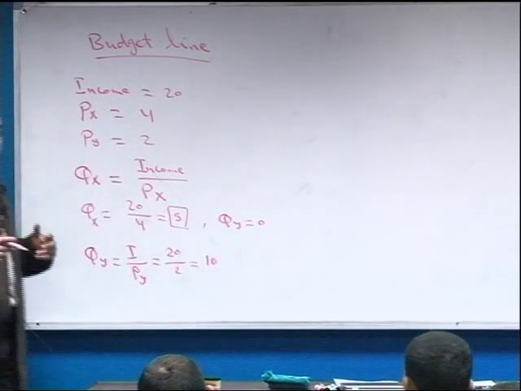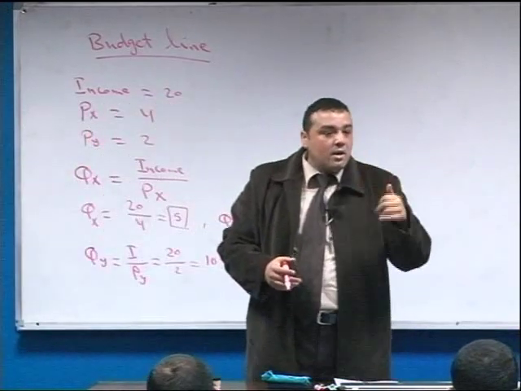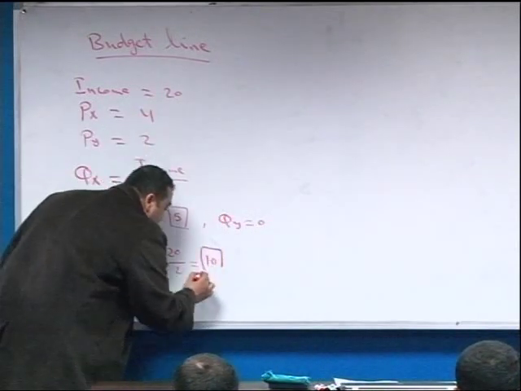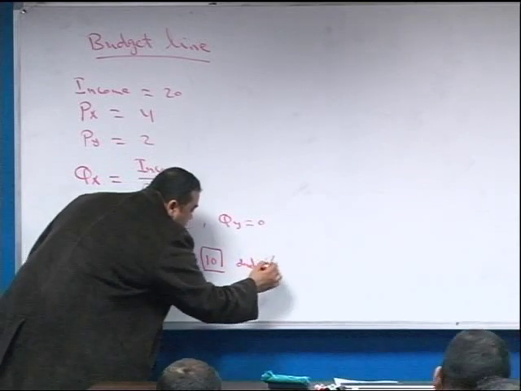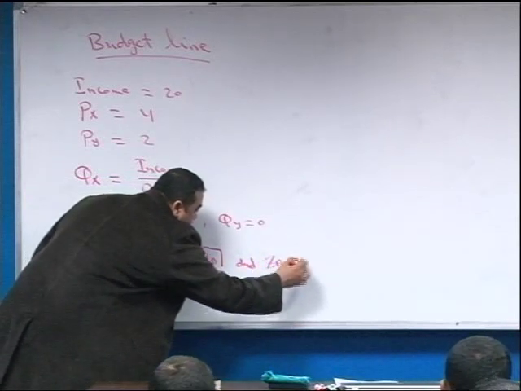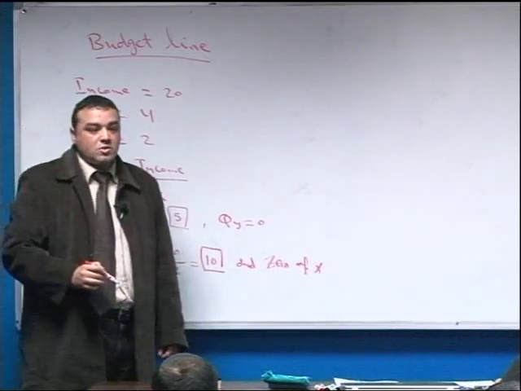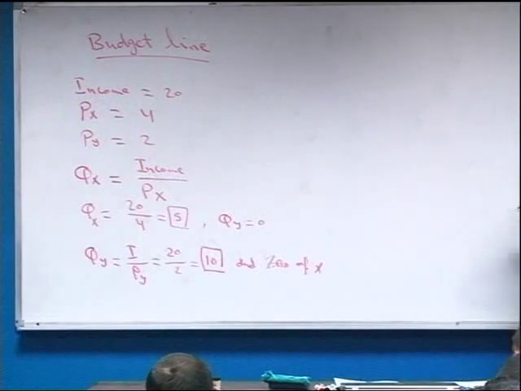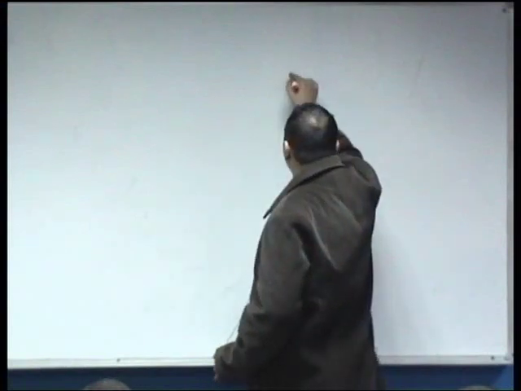So if you decided to spend all of your income to buy Y, in this case you can buy 10 units of Y and 0 of X. Right? So let us draw this graph and come back to the analysis.